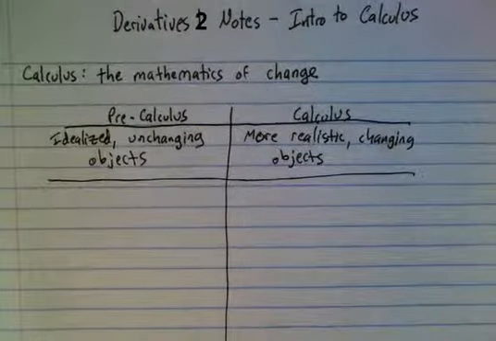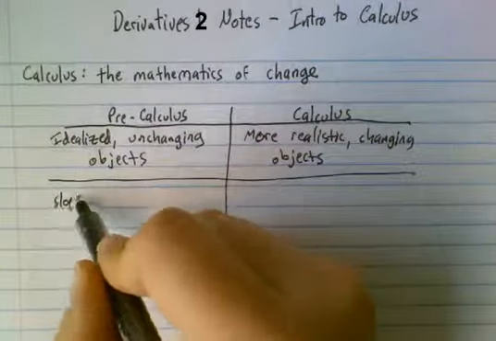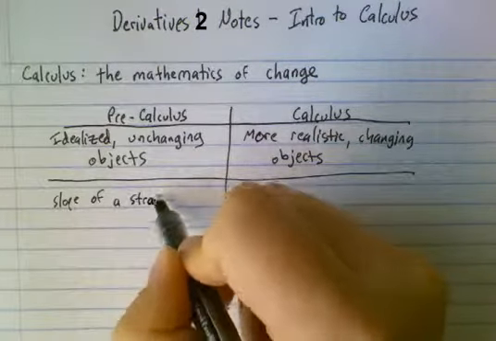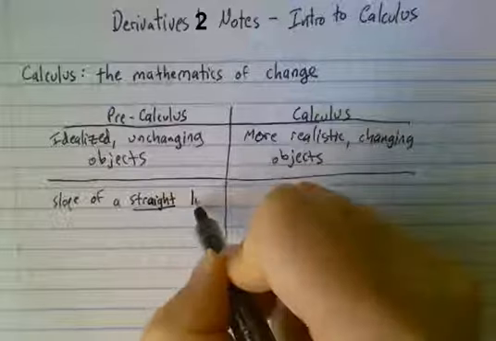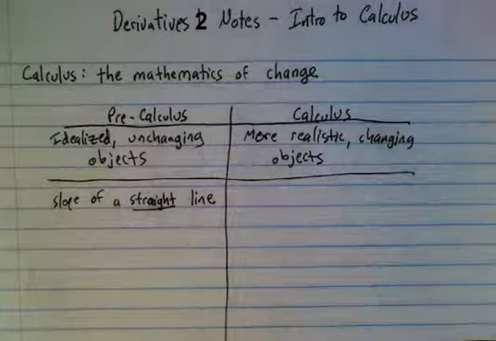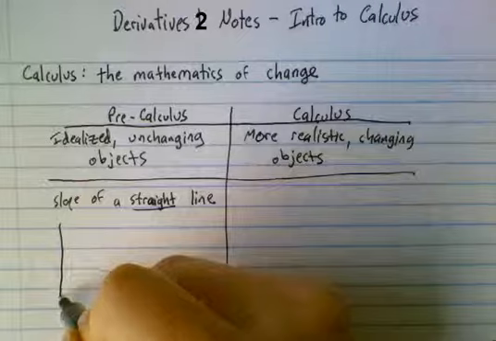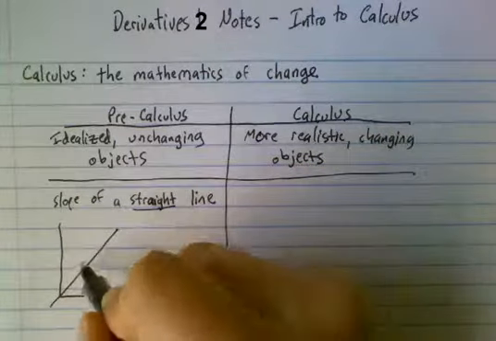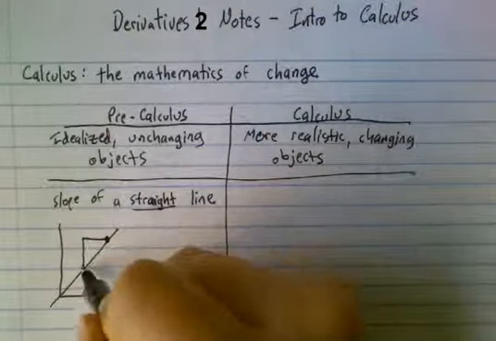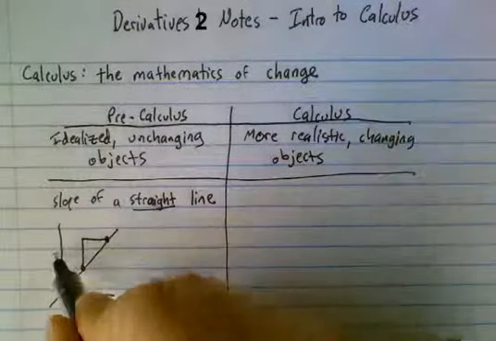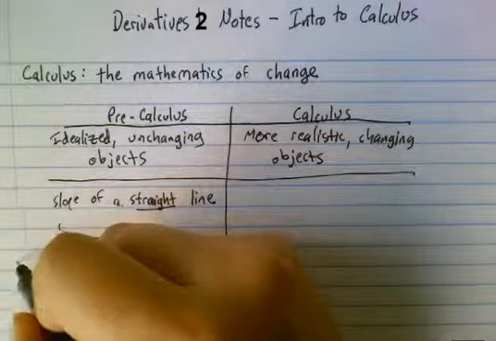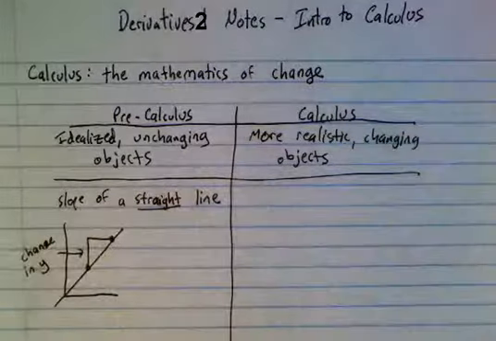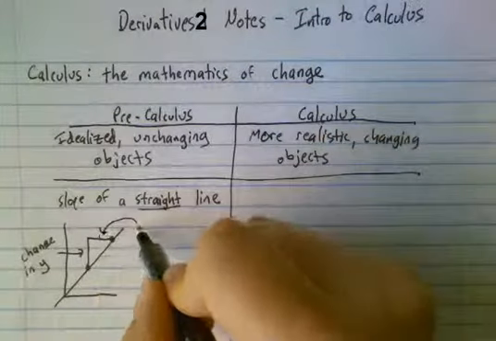So in a similar vein, pre-calculus is dealing only with the slope of a straight line. So for example, if we have a little line going off like this, then we know that from one point to another point, this distance we call the change in y. This distance we call the change in x.